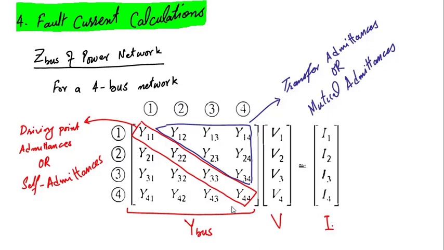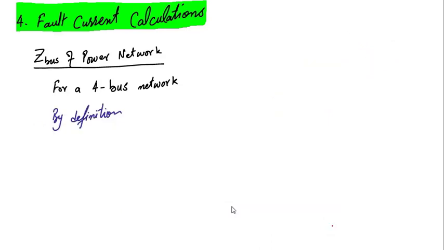It means by just inspection we can write this Y bus from the network. Similarly, if Y bus is given to us, we can develop the network. So this is the structural information of the power system that we can obtain from this Y bus matrix. Now by definition, Z bus of a network is the matrix inverse of Y bus.